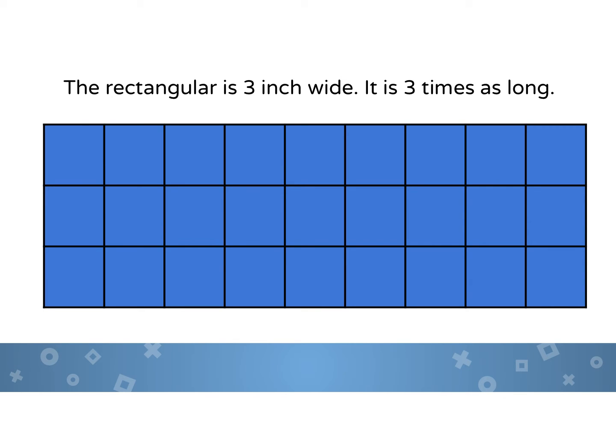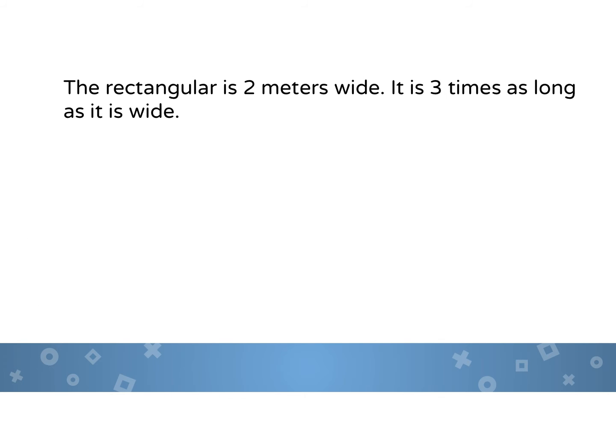In this rectangle, it is 3 inches long, and we can say it's 3 times as long as it is wide because we have 3: one time, 2 times, 3 times. Here we're going to draw a rectangle, and it's 2 meters wide.